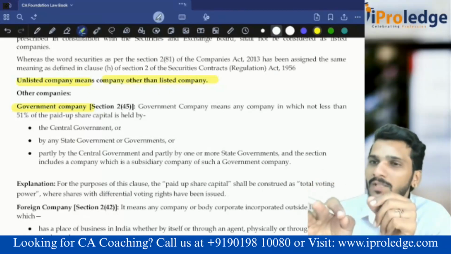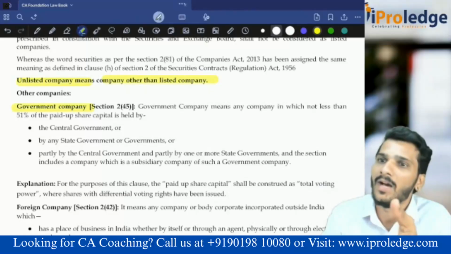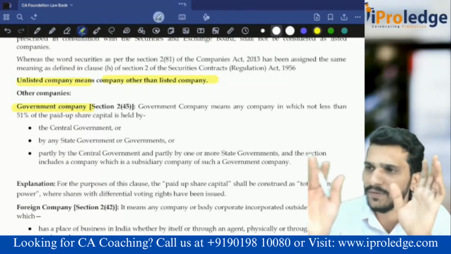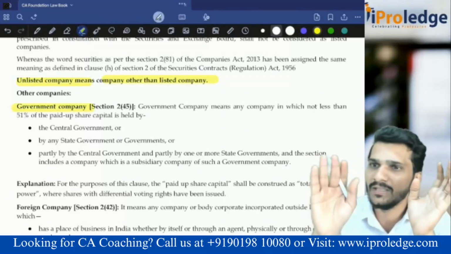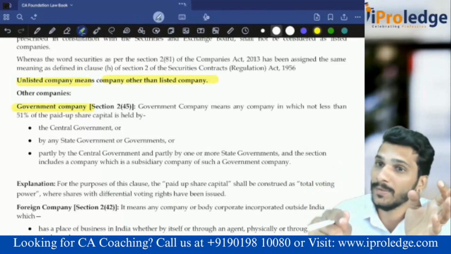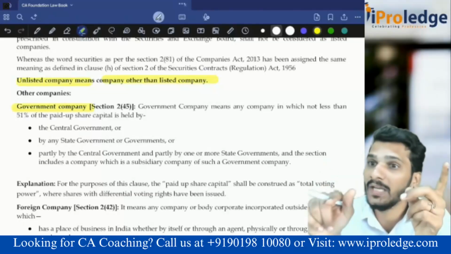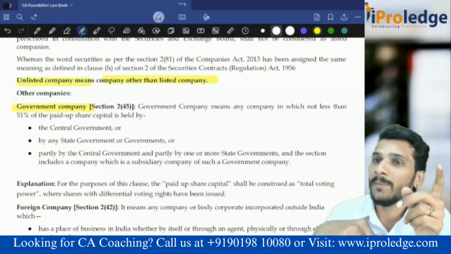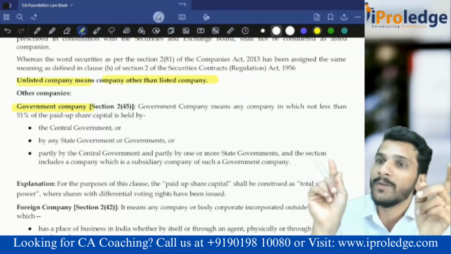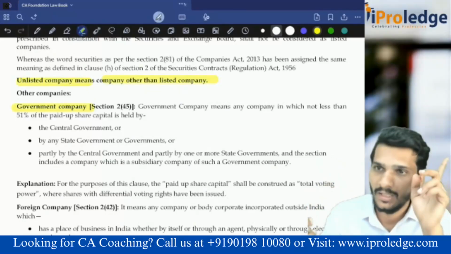It is a company in which the central government or the state government, or central with state, or state with state, any combination together, holds 51% or more. For a holding company, we said more than 50%. For a government company, it is more than or equal to 51%. Holding and subsidiary, more than 50.